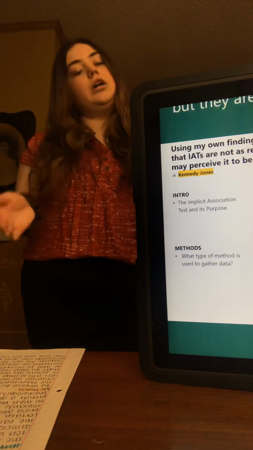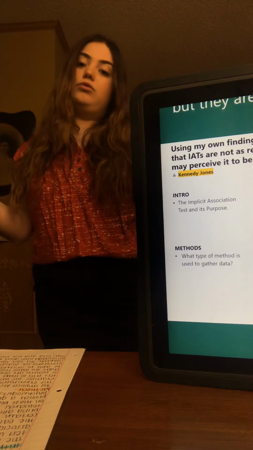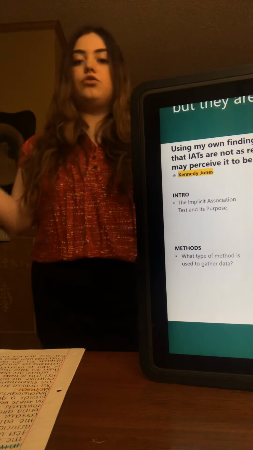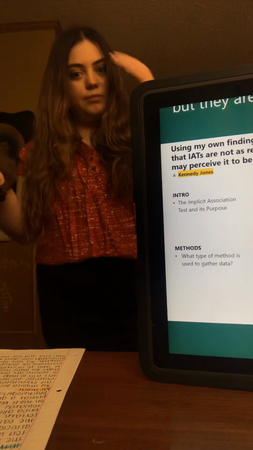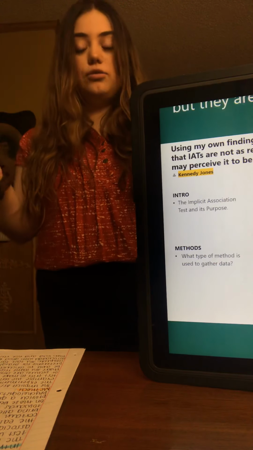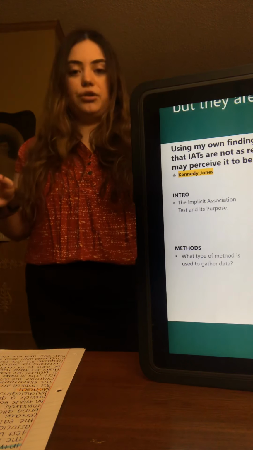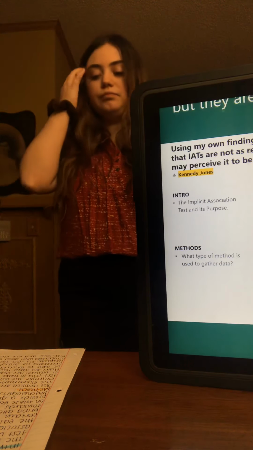For example, on your keyboard, the letters E and I will be used for gay or straight or good or bad words. And you try to determine, as fast as you can, the words as they flash on the screen, or pictures.